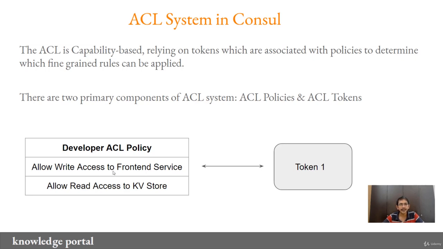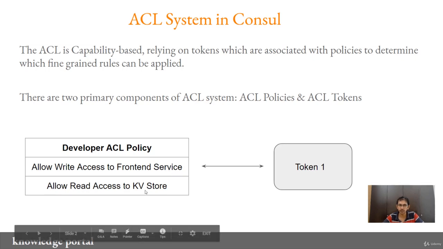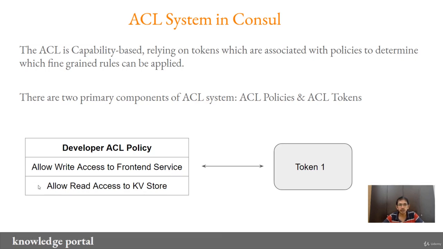So you have allow write access to front end service, allow read access to KV store and so on. So these are the rules. There are two rules associated with the developer ACL policy, and this developer ACL policy in turn is associated with the token 1. So when you use the token 1, you will be able to go ahead and implement all the capabilities that are part of the rules associated with the policy.